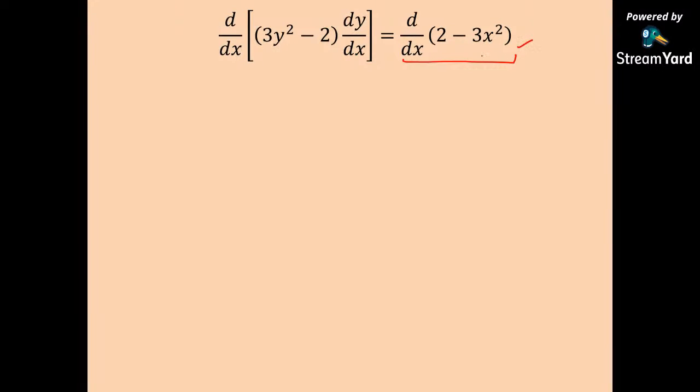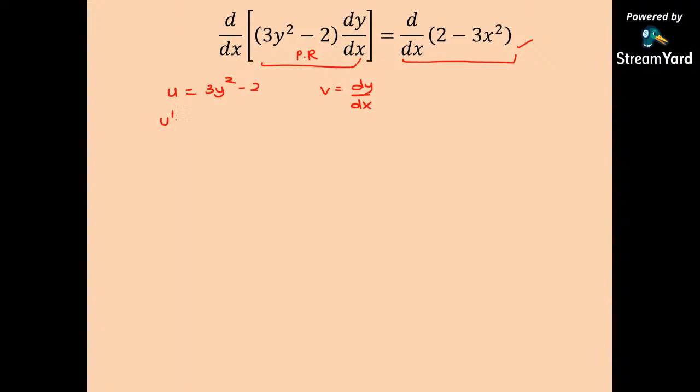We can actually directly differentiate them. But on the left hand side, we have a multiplication between 3y squared minus 2 times dy over dx. Therefore, in order to differentiate this, we need to use the product rule. So u will become 3y squared minus 2. v will become dy over dx.